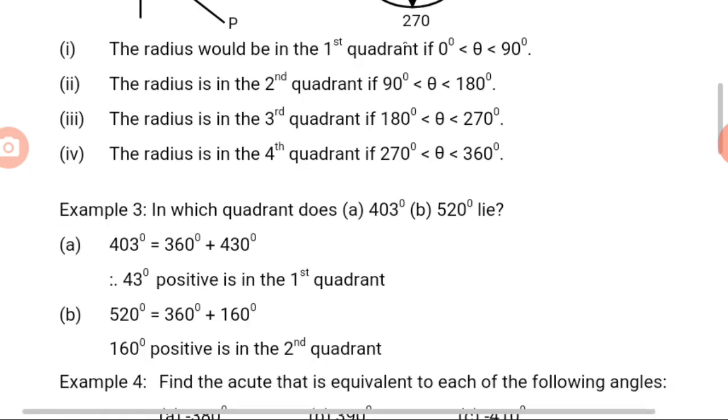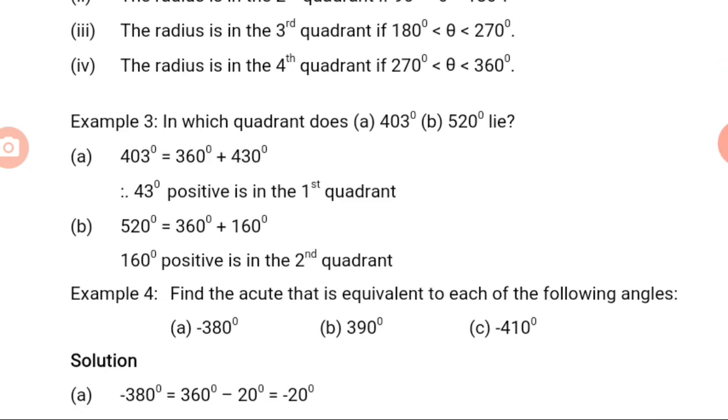It means that 160 will fall in the second quadrant. Are we together? So, now let us move on.